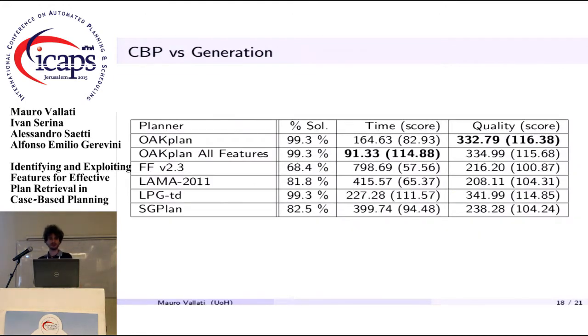And then we compared, again, OAKPlan using the original function and OAKPlan using our feature-based approach with classical generative approaches like FF, LAMA, LPG, and SGPlan, and also against them in terms of CPU time, OAKPlan exploiting these features is faster. In terms of quality, again, it is very close to the original OAKPlan, and also LPG performs pretty well.